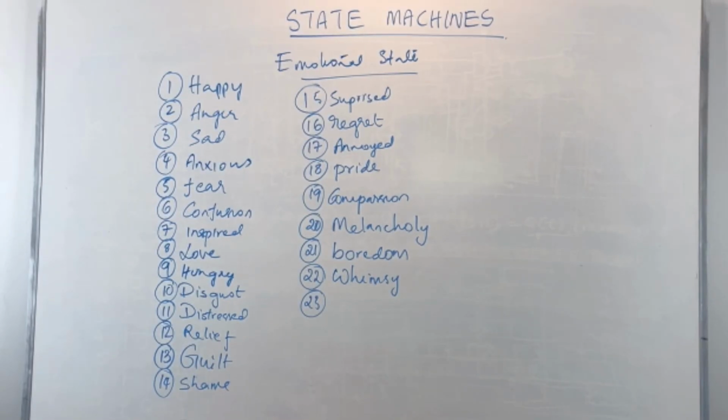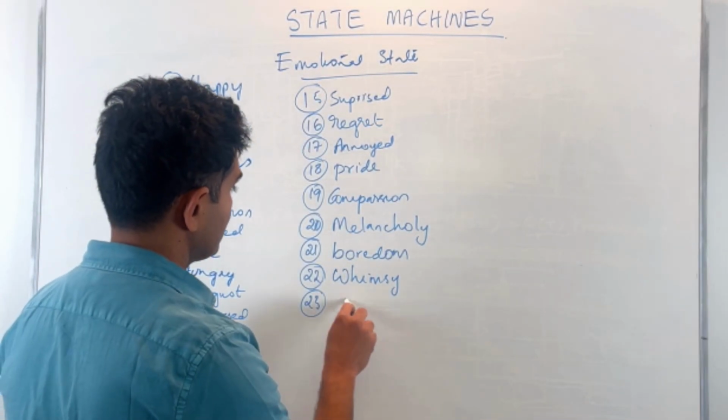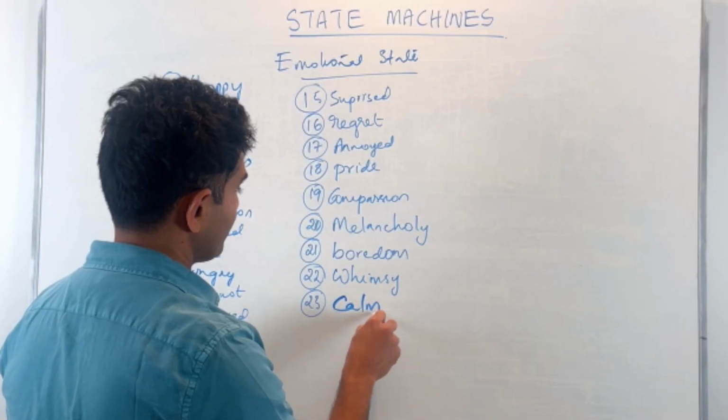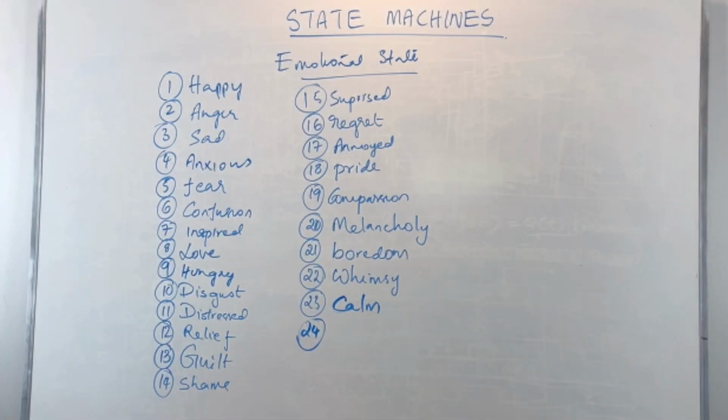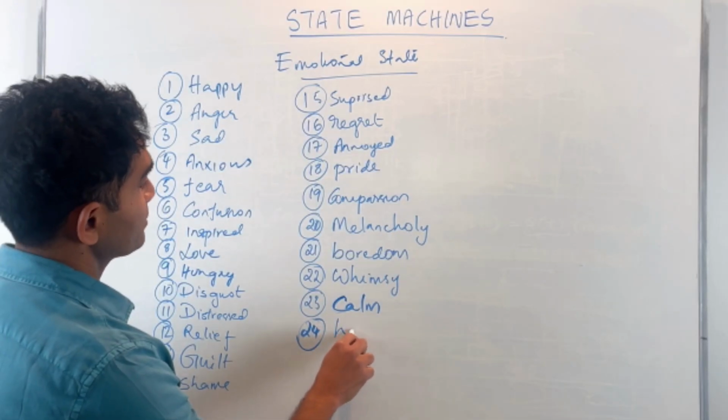Calmness, I'll probably do that. Feeling of calm, yes. Hope. Did we have hope before? Sad, anxious, love, hungry, disgust, distress, relief, guilt, shame. Okay, I'll take hope. That's a good one, actually.